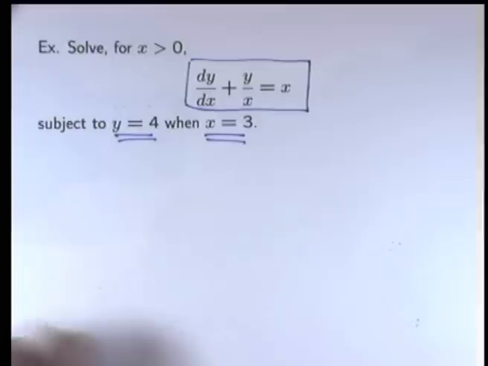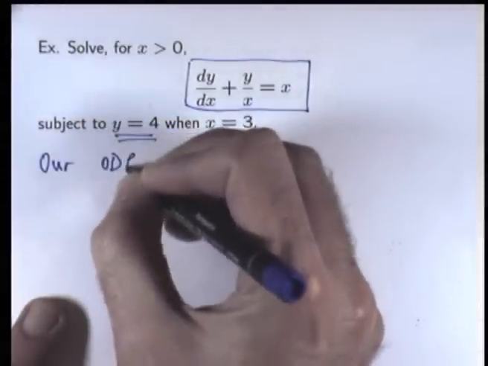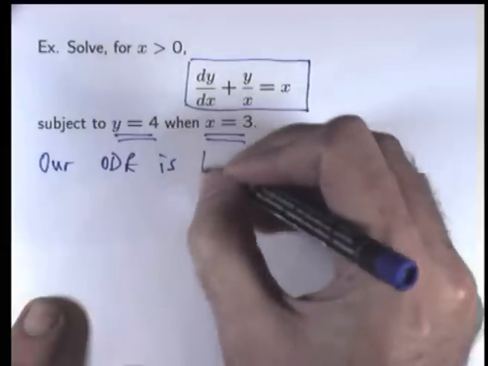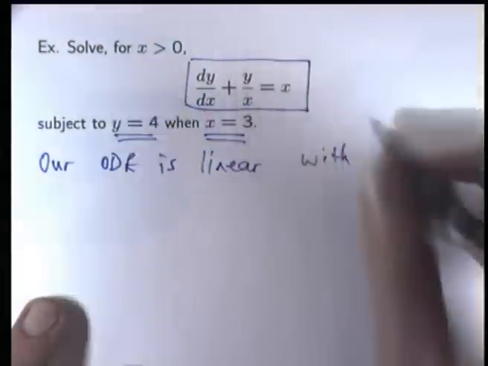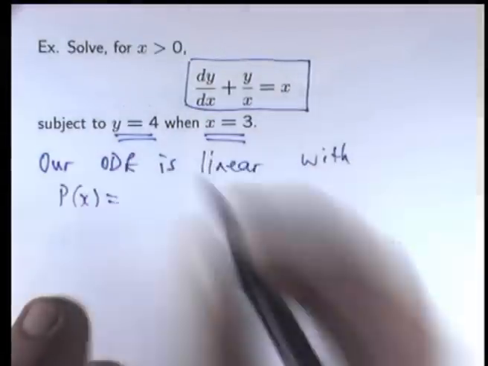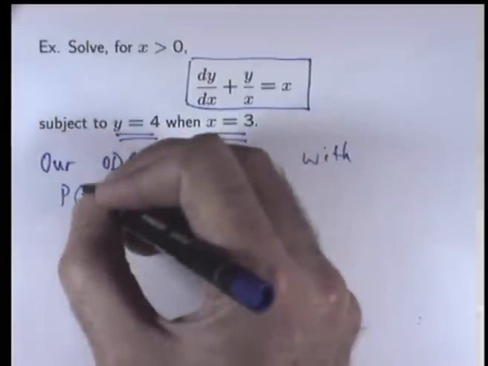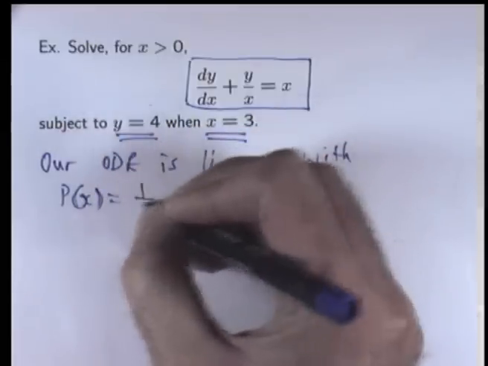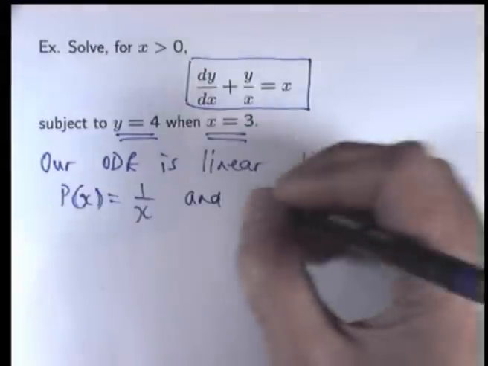All right, so the first thing is that we recognise that our ODE is linear with, okay, so P of x will be 1 on x. And Q of x will be just x.